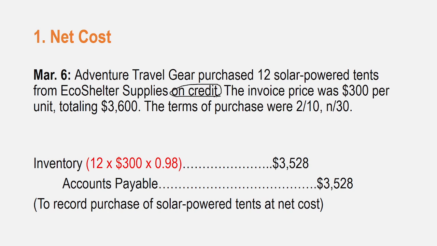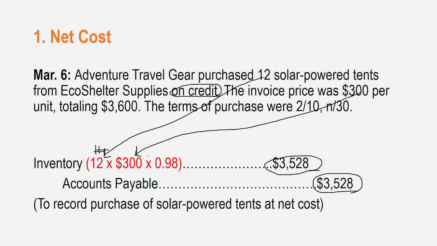In fact, this amount is the amount after considering the discount. 12 is the number of units, $300 is the amount per unit, and 98% is the amount that we should pay after deducting the discount.